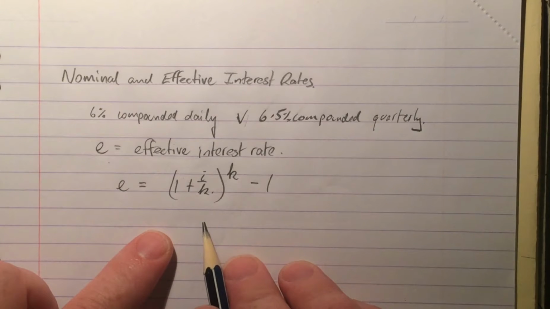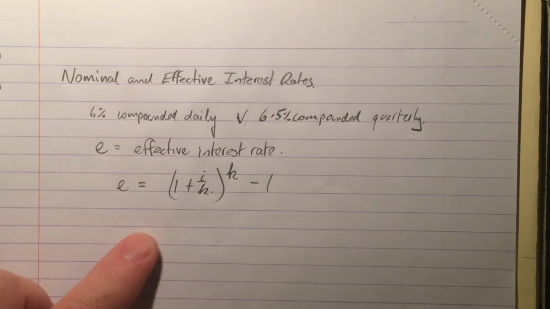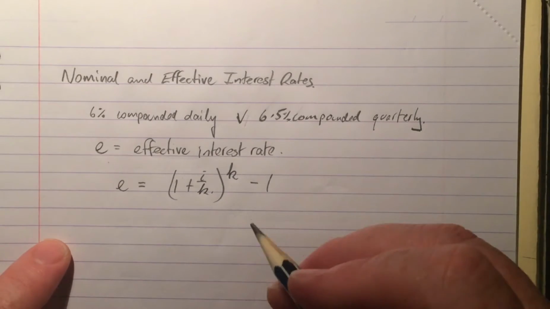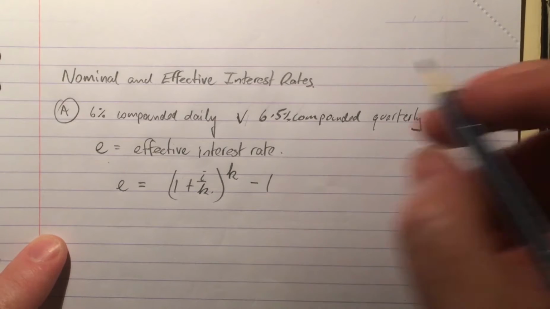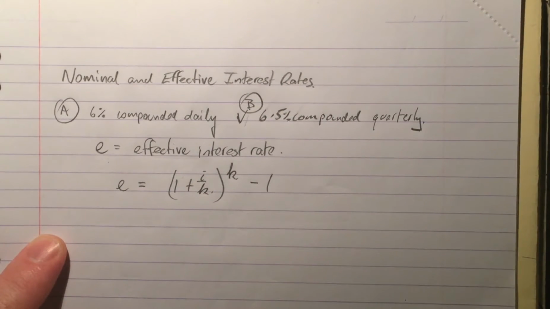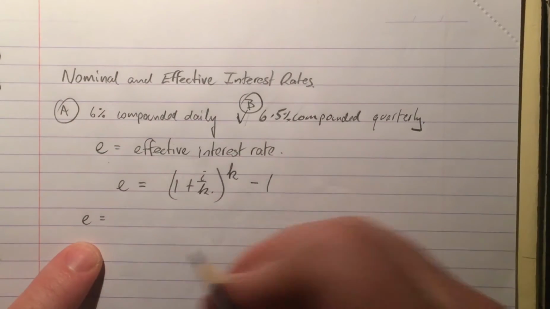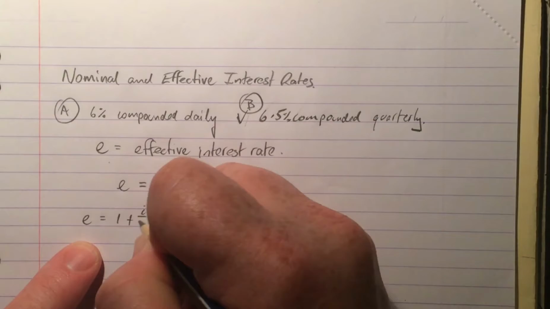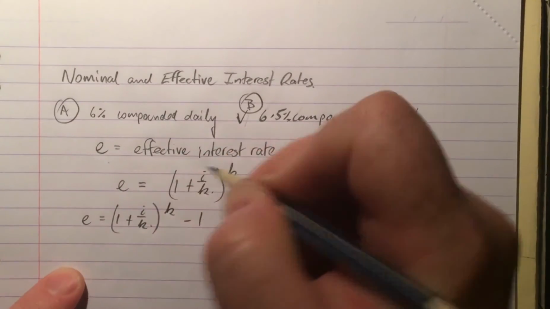So let's calculate the effective interest rate for both of our two scenarios in our example here. Let's call this A, and let's call this B. So the effective interest rate for A will be (1 plus I over K) to the power of K minus 1.